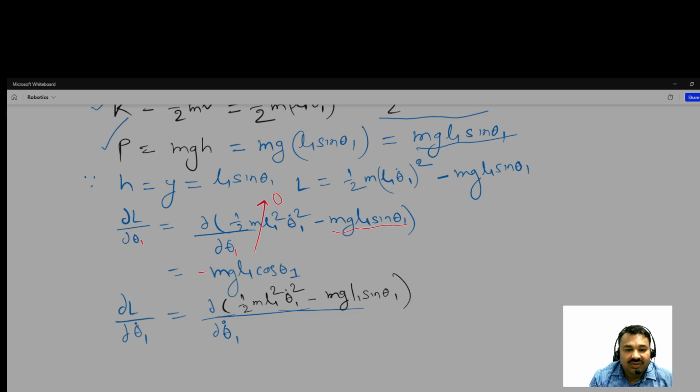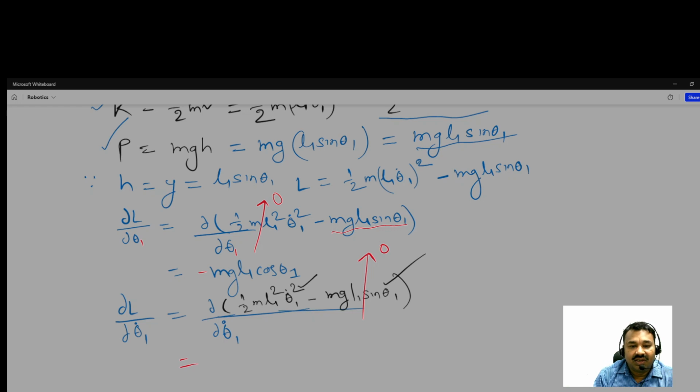Because this is a differentiation with respect to the velocity, and this second term is the position, its differentiation will be 0.